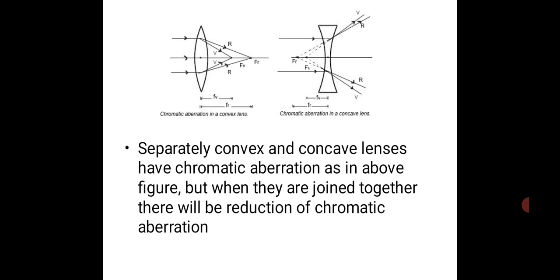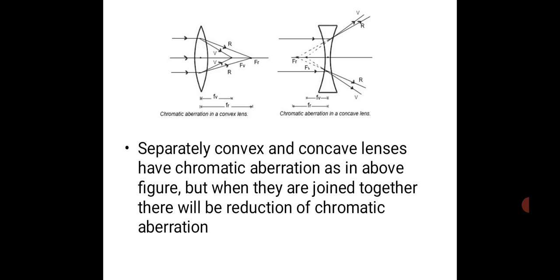Here, if you consider the convex lens and the concave lens individually, they are definitely going to produce chromatic aberration. If you consider a convex lens and parallel incident rays, after refraction through the lens they are going to meet at different positions.